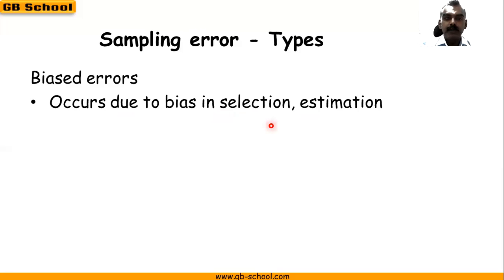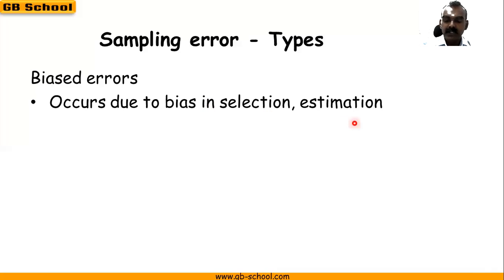When I select a sample, I want my class to look so effective. So if I select the students who usually perform well in the class, out of 50 students, if I select 10 students who are performing well and take them as a sample, ultimately the output is also going to be good because the students themselves are performing well. So this is selection bias.